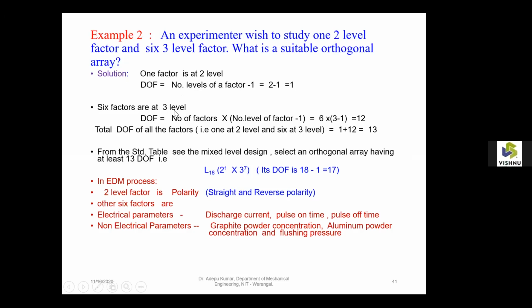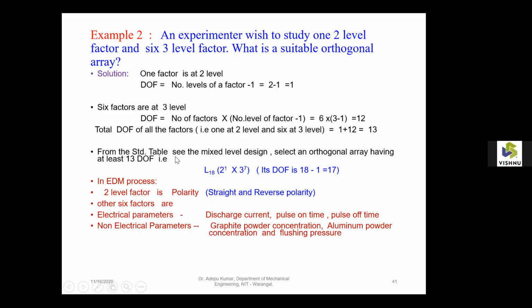And 6 factors at 3 levels: number of factors into (3 minus 1), 6 into 2, is 12. The total degrees of freedom is 1 plus 12, 13.